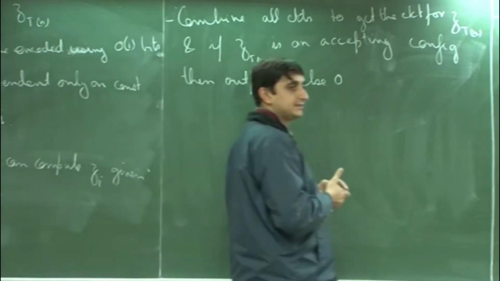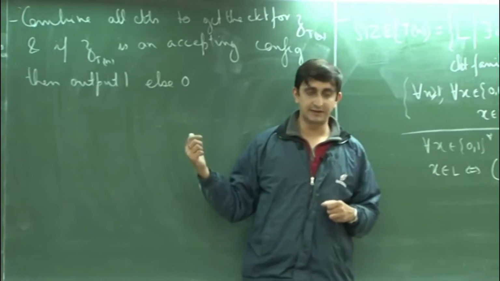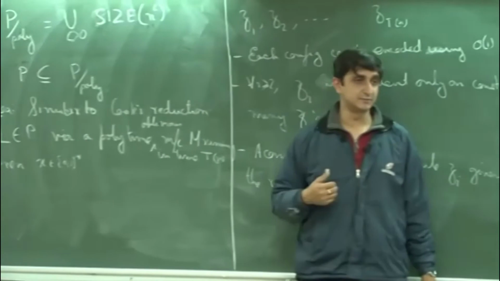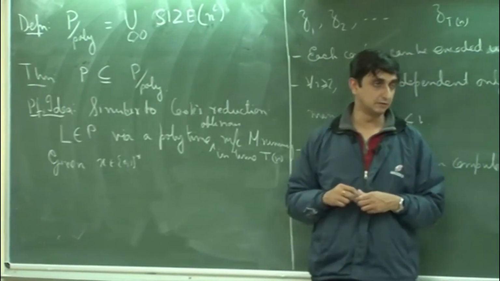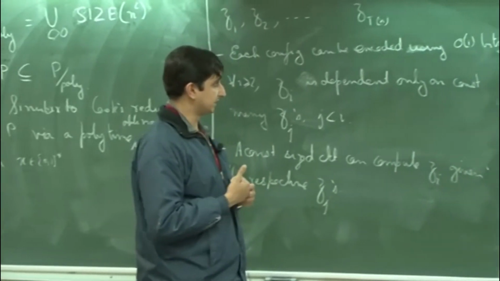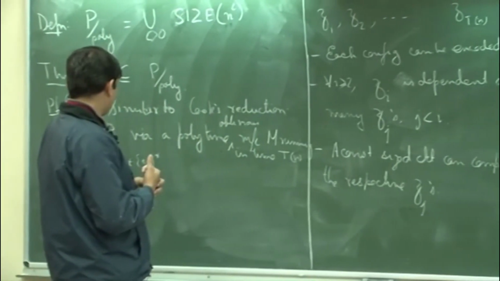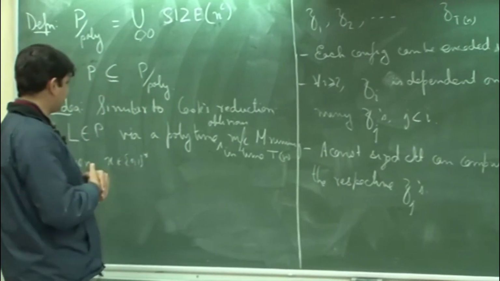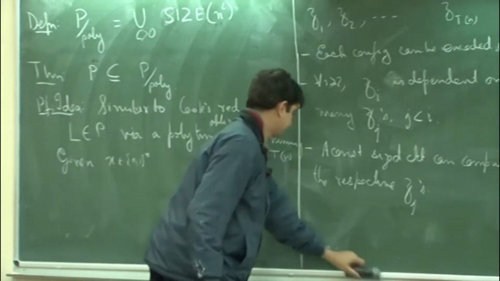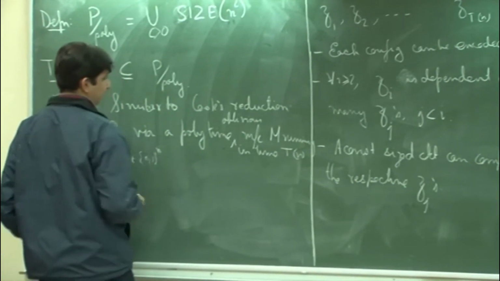But what is crucial here is that we are only looking at an input of a particular size. That is where we are using the fact that we have an oblivious machine. For different input lengths you will come up with a different circuit.